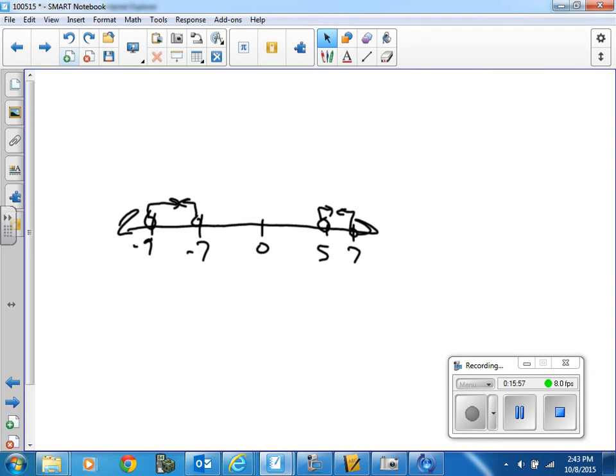From -9 all the way up to -7, everything in between, and then from 5 to 7. Actually, the -9 and the -7 don't work because you have an open circle, because it was less than, it didn't have the equal sign with it. The 5 and the 7 are also open, but everything in between works. So 5.01 would work, and so on. All right. I went a lot longer on that one than I thought I would, but hopefully you get it.